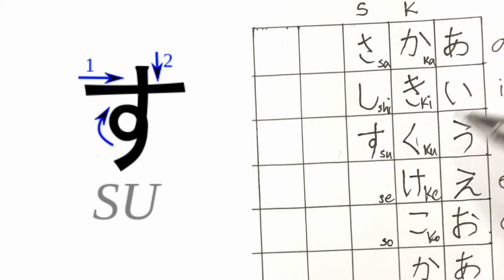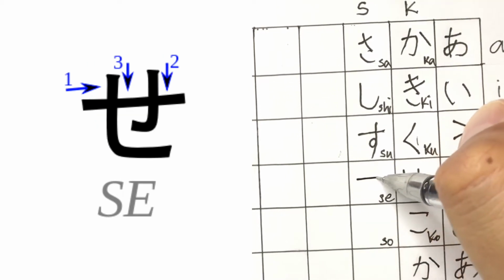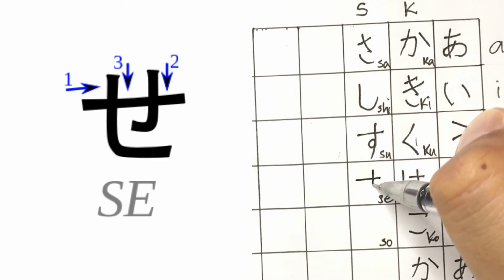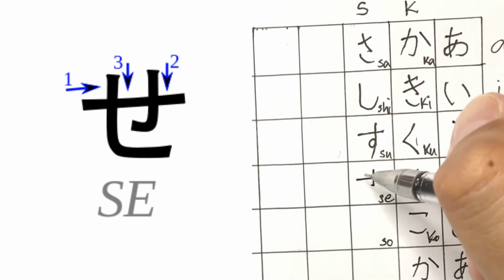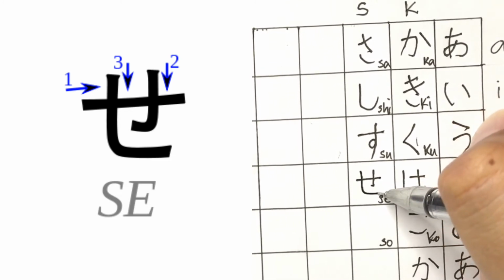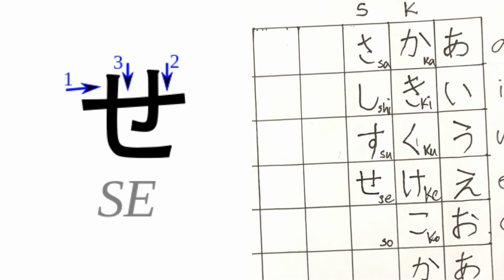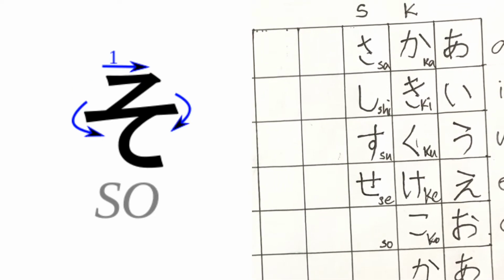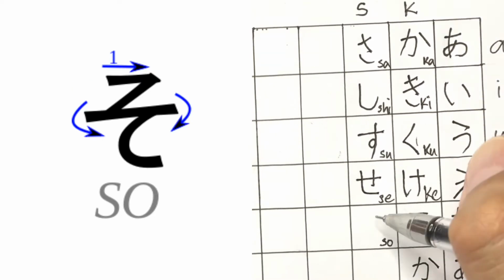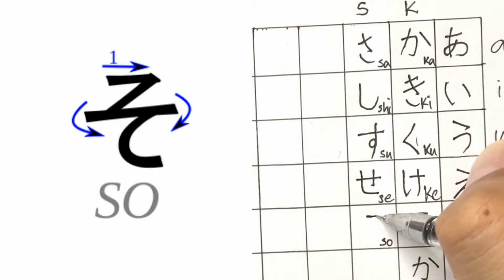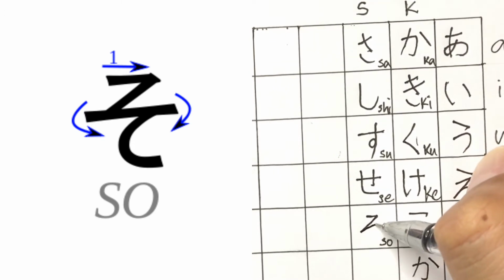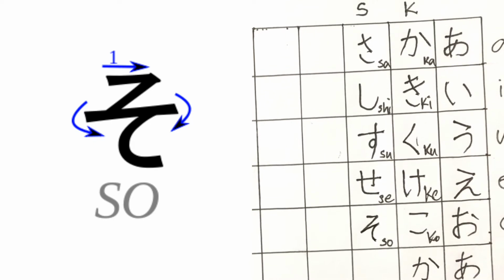Next is se. 1, 2, and 3. Se. The last character is so. It only has one stroke. A continuous stroke. One stroke.